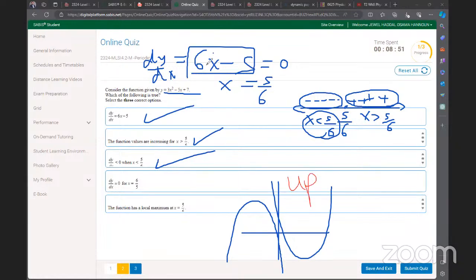Why? Because a, which is the coefficient of x squared, is positive. That's why it's going upwards. So our vertex will be what? A local minimum, not maximum, because it's the least point here. So I will never choose this one.